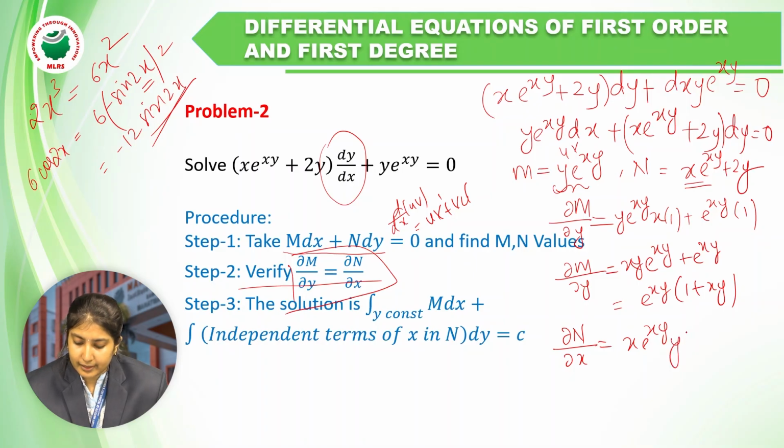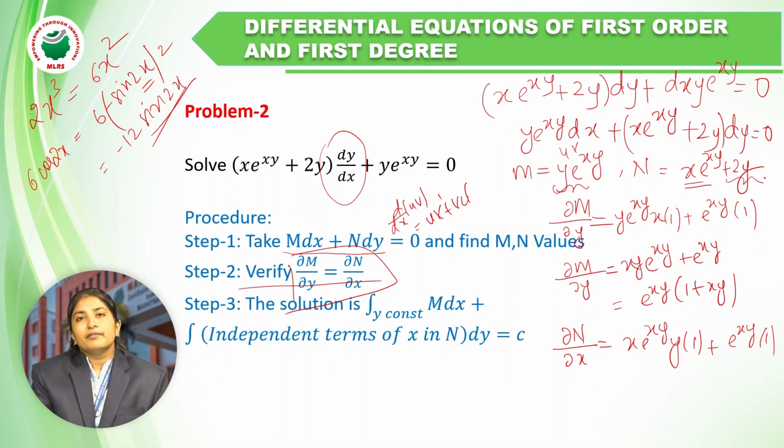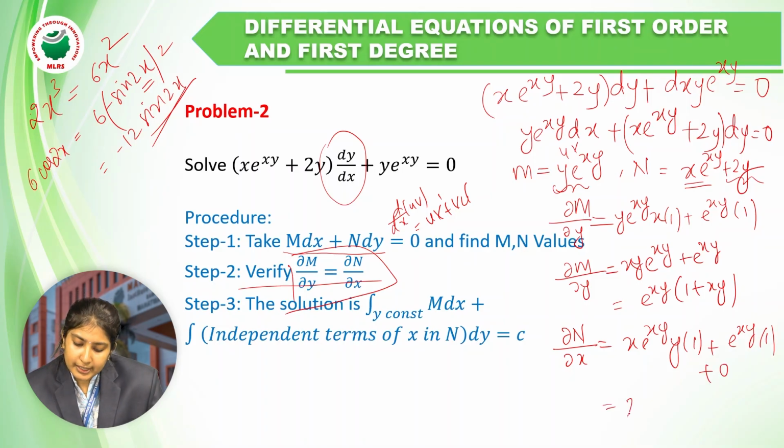So I'll write y here into 1 plus e^(xy) into the differentiation of x, which is again 1, and the other term is 0 because we are performing partial differentiation with respect to x. I think you are getting equal, right? Yes, we are getting equal again. Taking common, what are we getting?